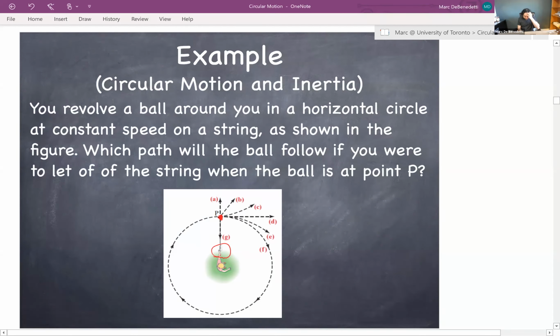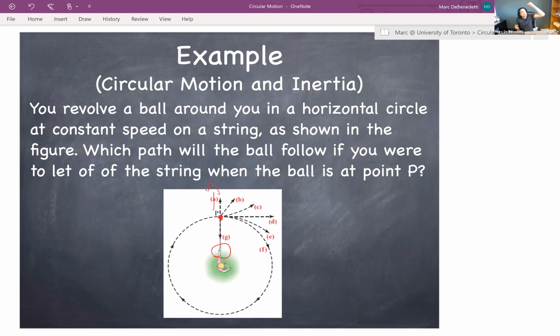So there are different options, A through G. A says the ball would just spontaneously go away from me without traveling left or right. It would just immediately stop moving forward somehow and just move away from me. I think we can all agree A is just not likely. You also have to remember there's an initial speed here, right?